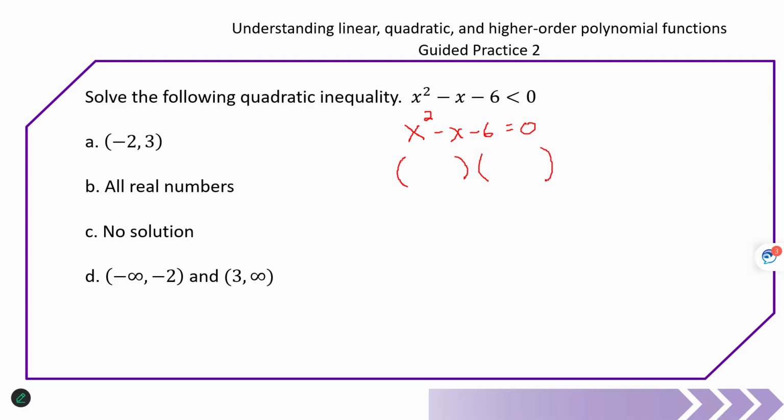And our x-axis is our 0 point. So let's see if this factors, since factoring is easier. So numbers that multiply to give us -6 and add to give us -1. So we can solve both of those. And we get x equals 3, x equals -2.